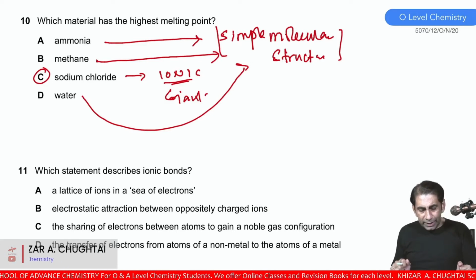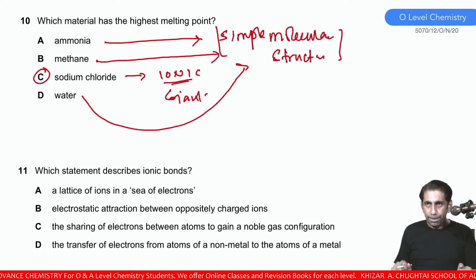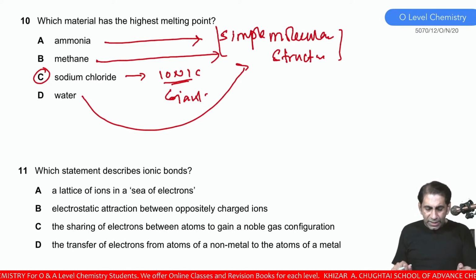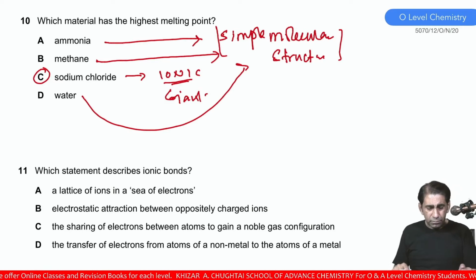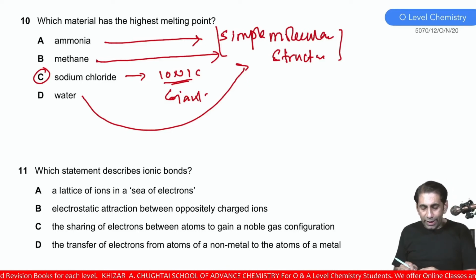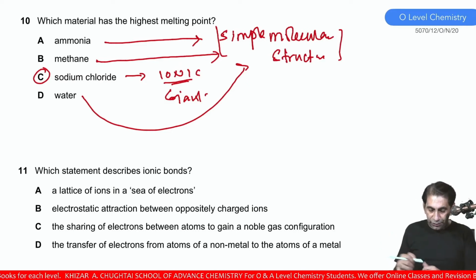Which statement describes ionic bonds? A, a lattice of ions in a sea of electrons. B, electrostatic force of attraction between oppositely charged ions. C, sharing of electrons between atoms to gain a noble gas configuration.